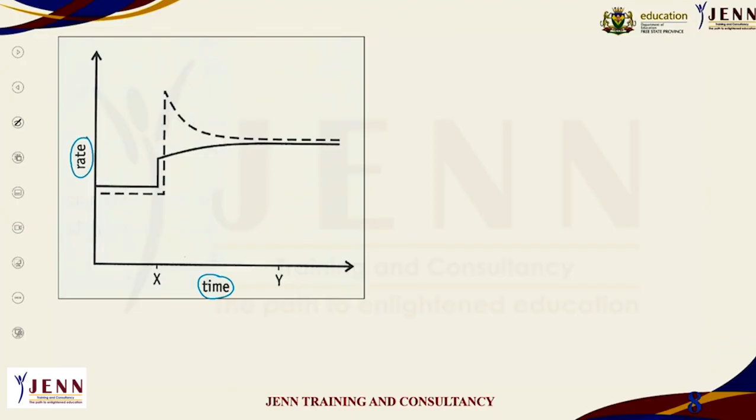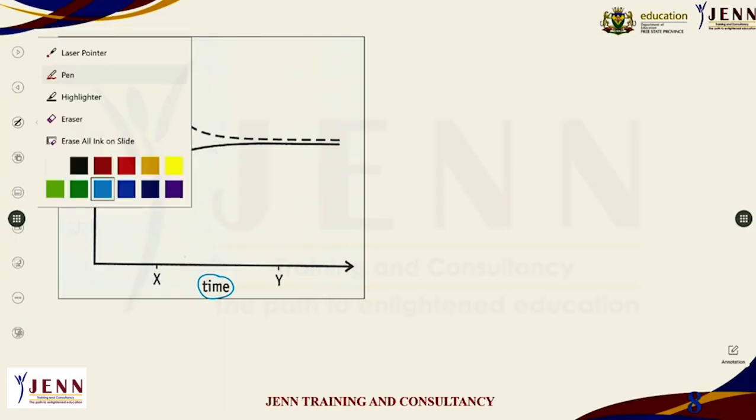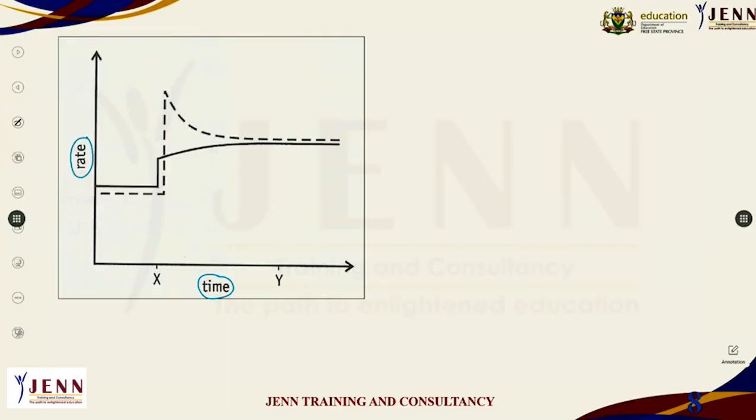Now the important thing here, if you look at this graph, you will see that both lines go up. There's my one line, it goes up, and my dotted line goes up, but more than the solid line.